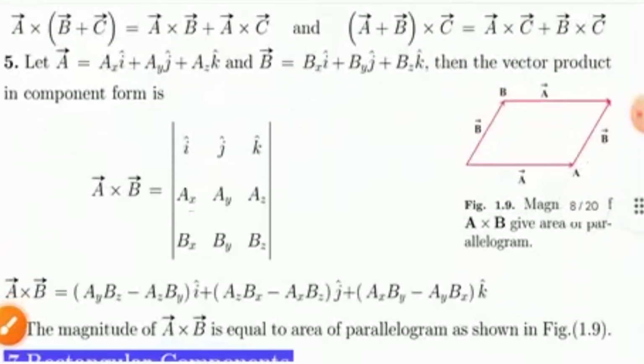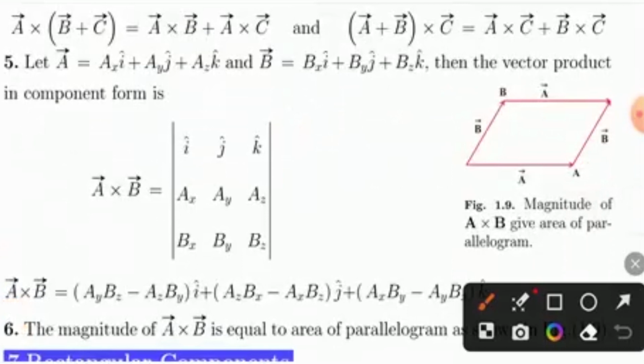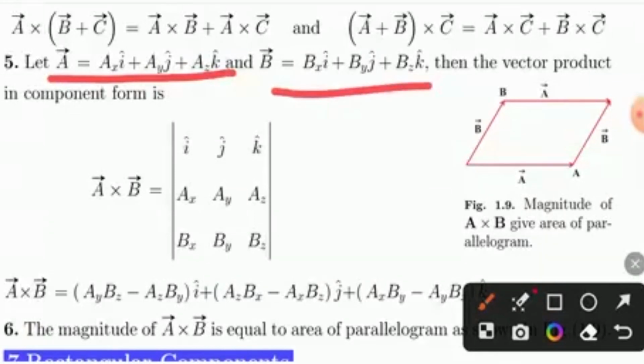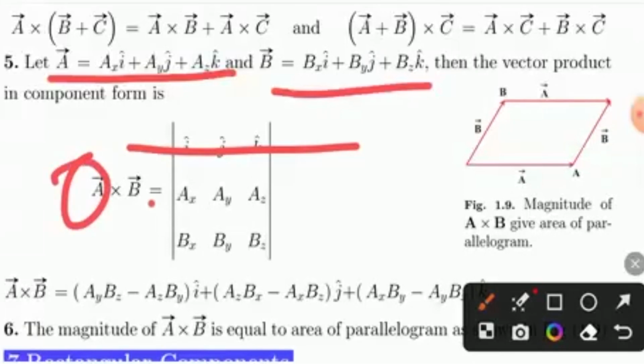This property, in the form of rectangular components: if we take the rectangular components of vector A, that is AXi, AYj and AZk, and the B vector has components BXi, BYj, and BZk, then we can write them in determinant form by using the first row i, j, k, then writing the first vector, AX, AY, and AZ, and then the second vector and its components BX, BY, and BZ.